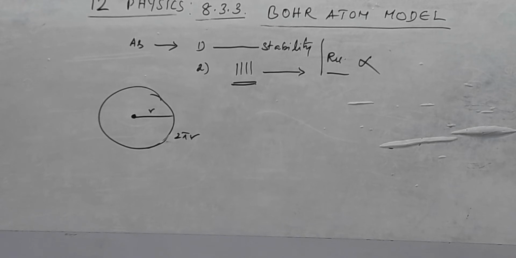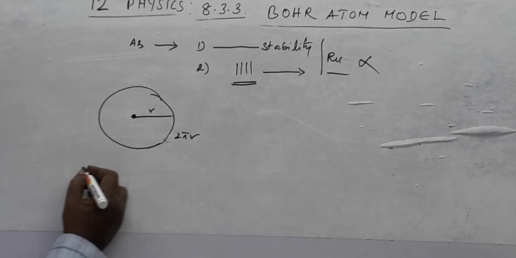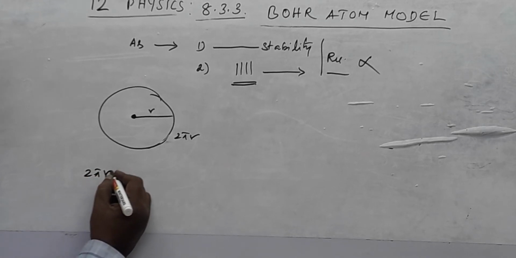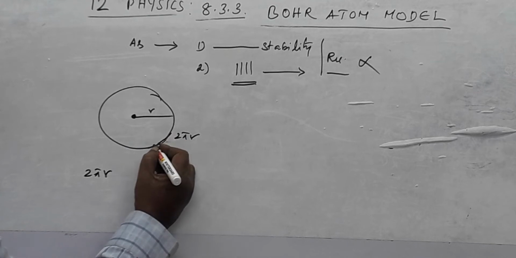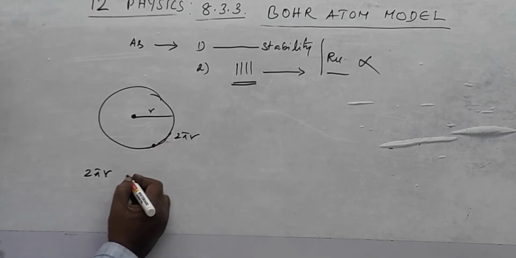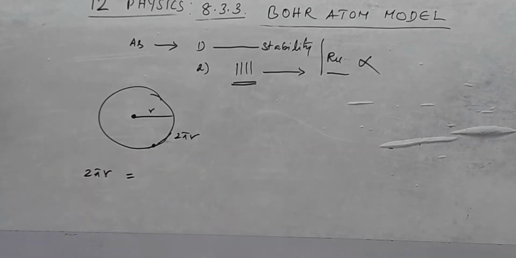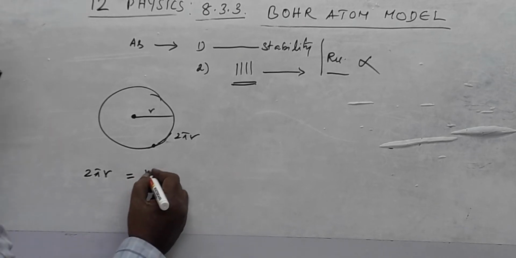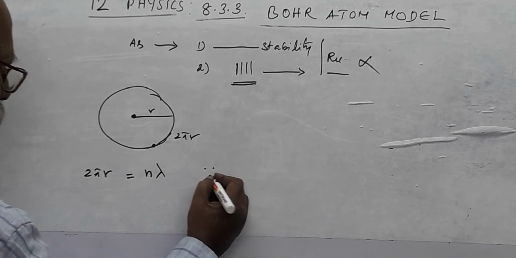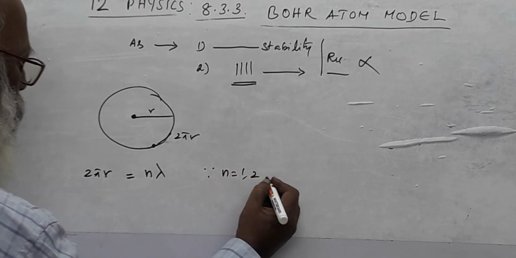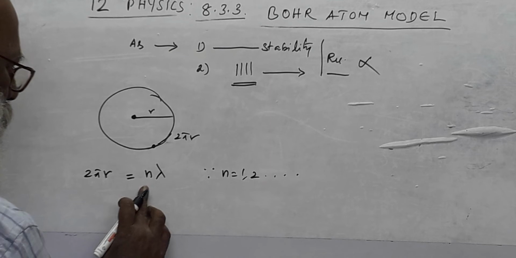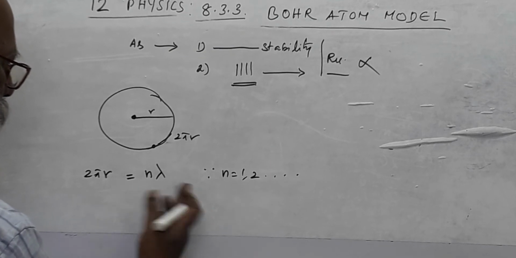Here, what he suggested is that the circumference of an electron's orbit of radius r must be an integral multiple of the de Broglie wavelength. That's a very important concept. Here, the circumference of the electron orbit is equal to multiple values of the de Broglie wavelength, n lambda, where n is equal to 1, 2, and so on: 1 lambda, 2 lambda, 3 lambda, 4 lambda.